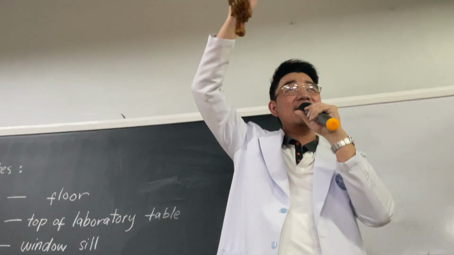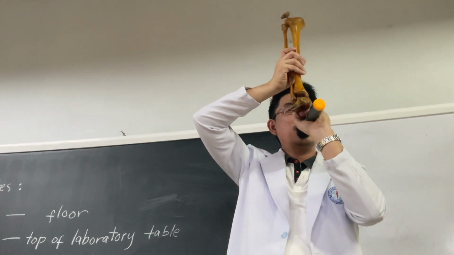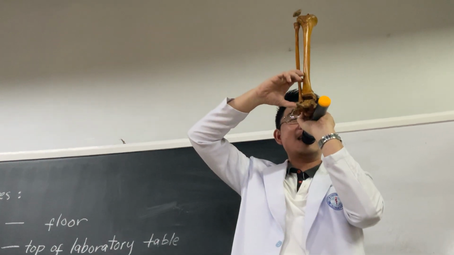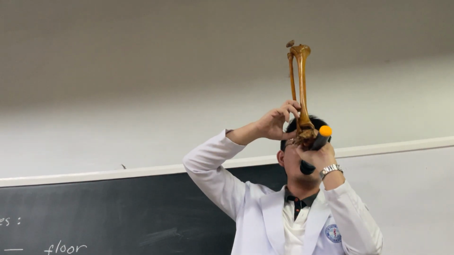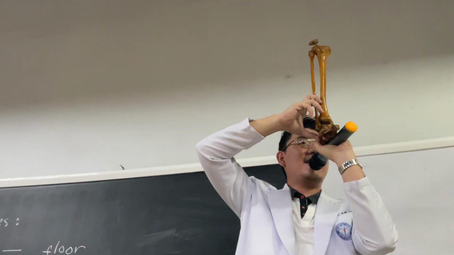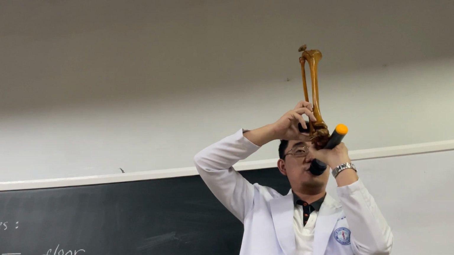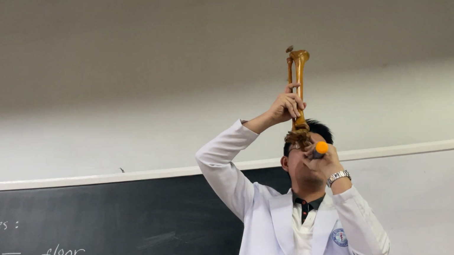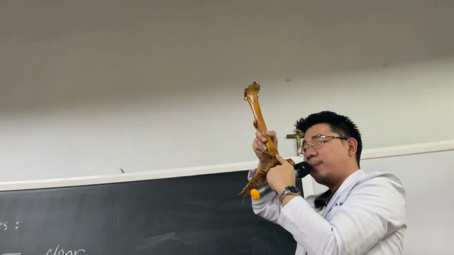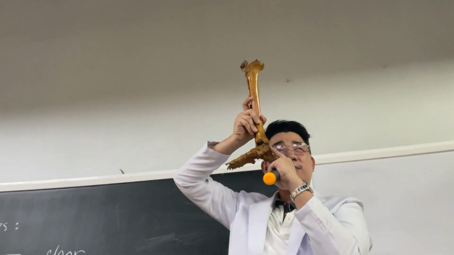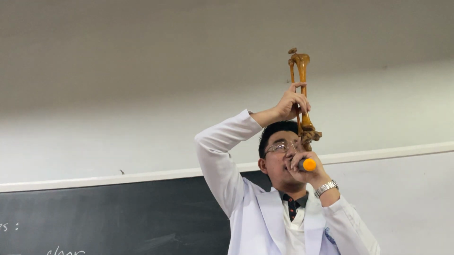The reason why it's always in the medial direction is because of the presence of the lateral malleolus. The lateral malleolus blocks the eversion of the foot, of the hind foot. And if you look at the medial malleolus, it's just sitting on top of the foot. It's shorter compared to the lateral one.